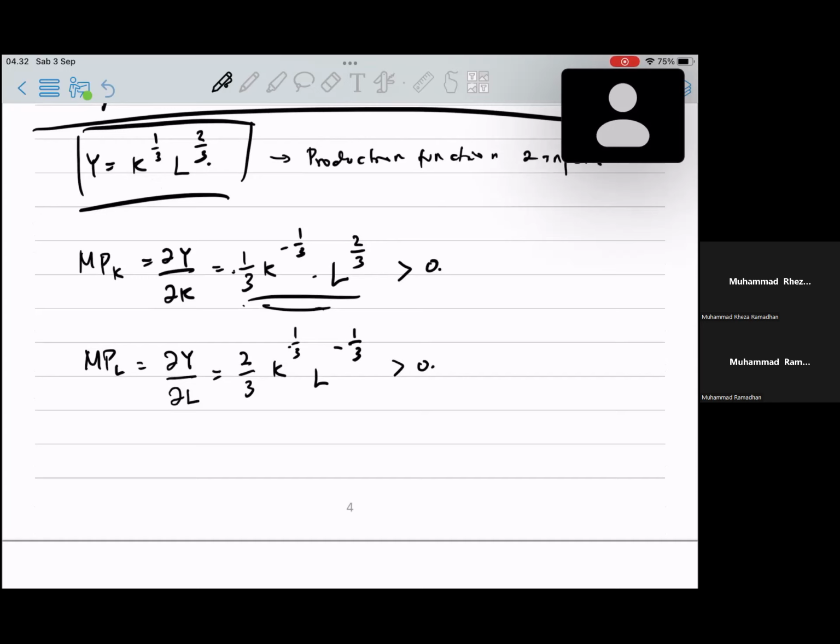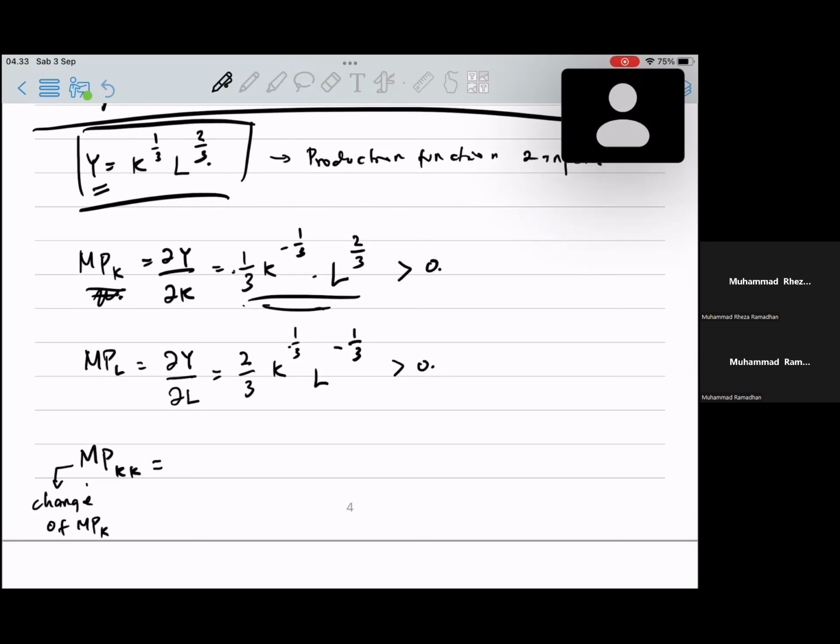But you can get the second derivative of this term, MPKK. It measures the change of MPK.